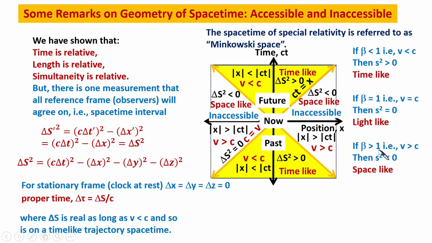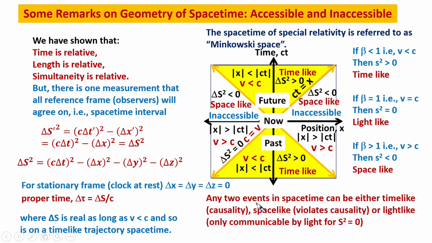But if β is greater than 1, that is v greater than c, then s square is less than 0, and it is called space-like. So any two events in space-time can either be time-like, where causality holds, or space-like, where it violates causality, or light-like, only communicable by light, for s square equal to 0.